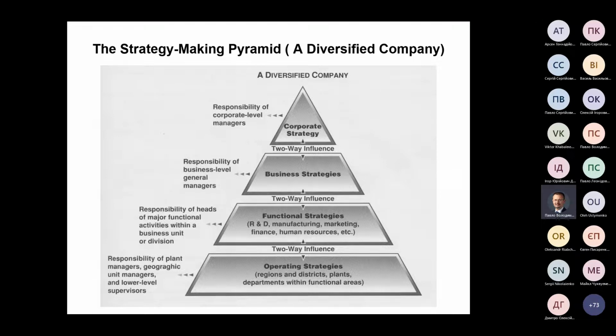So coming back, if a company is a diversified company, it has 4 levels of strategy: corporate strategy, business strategies. I'm stressing that it is written in plural here, it is correct. Functional strategies, also in plural, and operating strategies, also in plural.